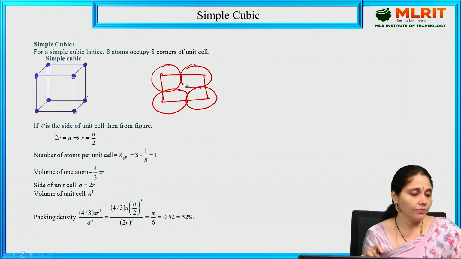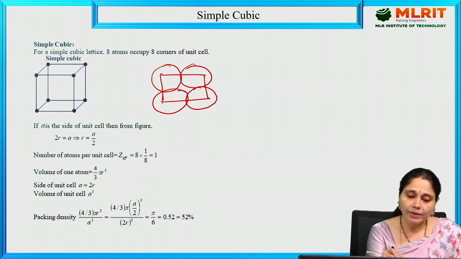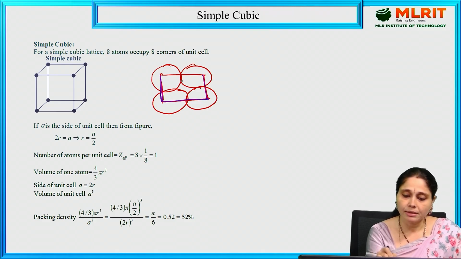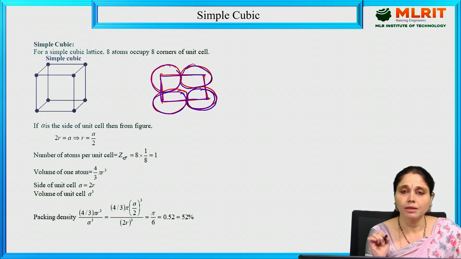The face of a cell is represented with the front face, like this, with the atoms in a closed manner, as we have observed in the last lecture. So this is the representation, right?